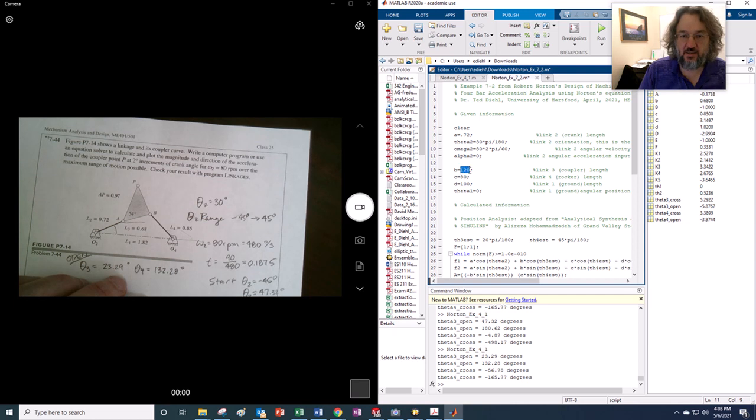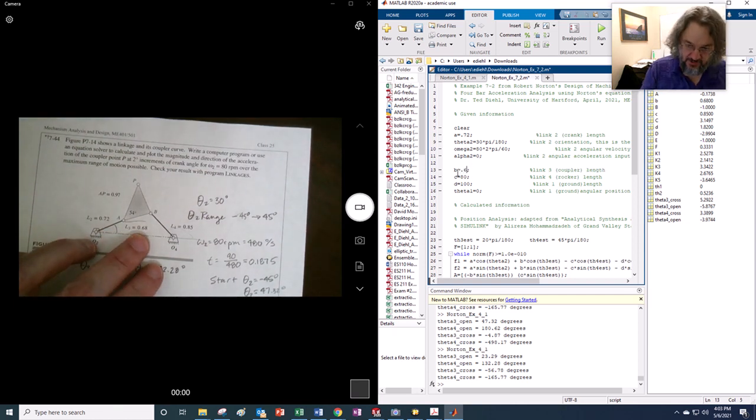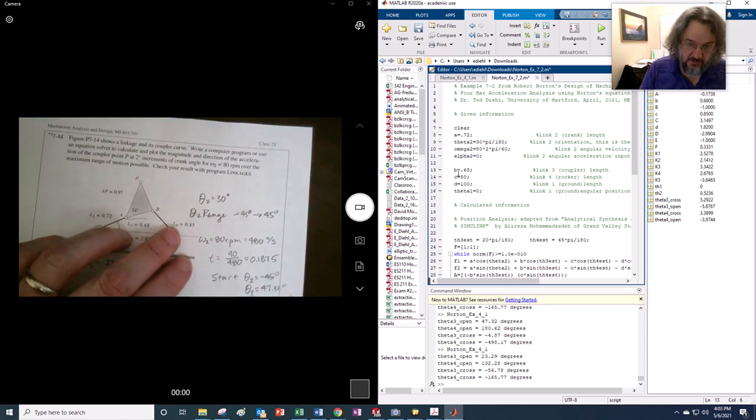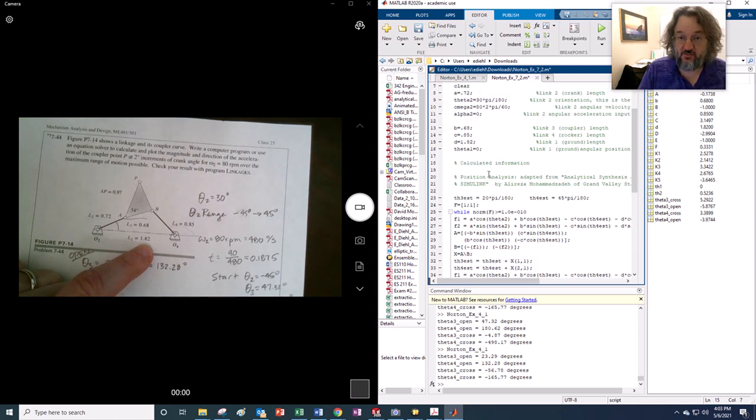Okay. B is going to be 0.68. C is 0.85. D is 1.82. Theta 0, theta 1 is 0.